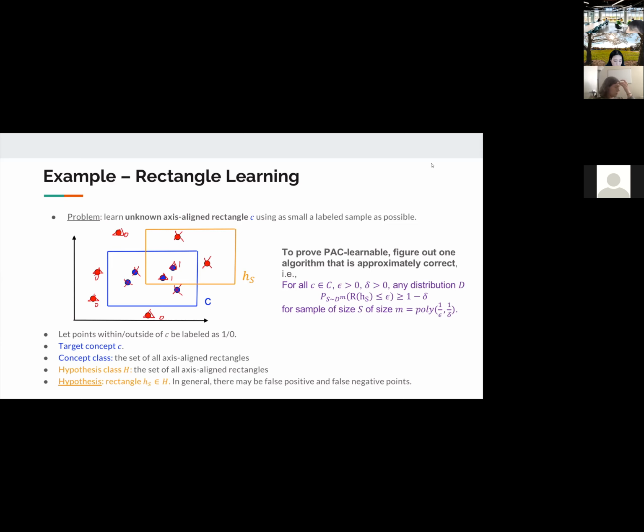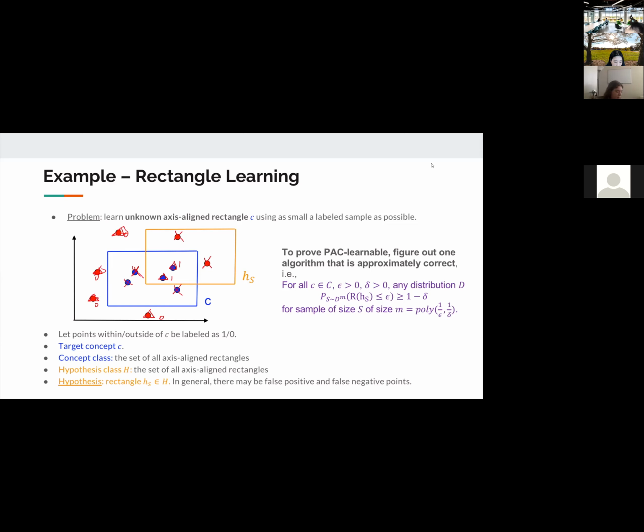To make that formal, it means for all C in the concept class, so for any axis aligned rectangle in this set, for any epsilon, for any delta greater than 0, for any distribution D. The distribution is how you are generating these points, okay?